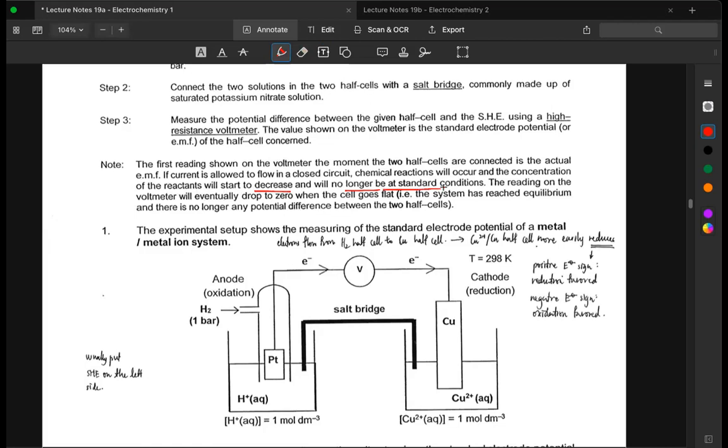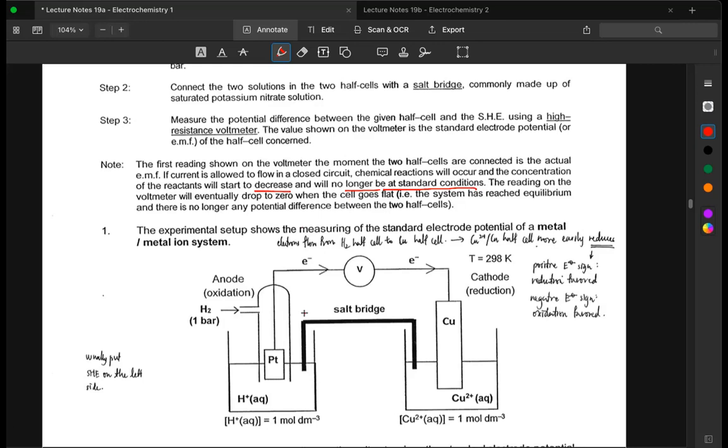Just like when you set up a circuit, over time you realize the voltmeter is reading a smaller and smaller value, because there is already some depreciation of voltage along the way. There is some loss of power due to resistance, due to current flow, that will affect the voltage. The reading on the voltmeter will eventually drop to 0 when the cell goes flat.